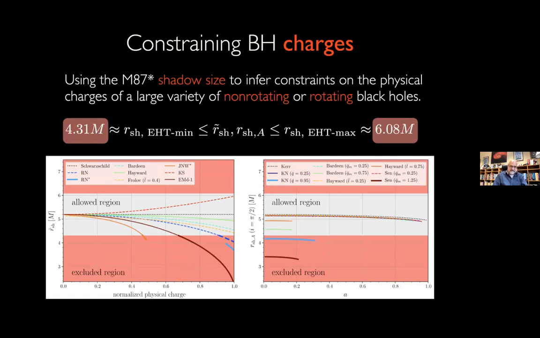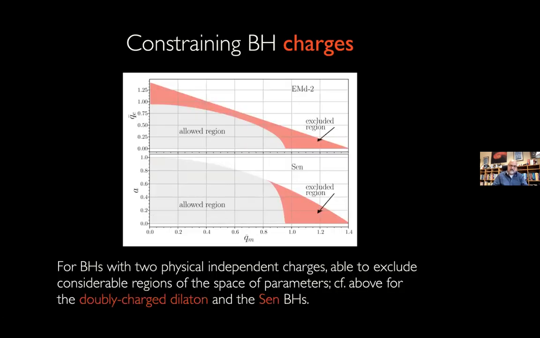So in this exercise, what you learn is that while most pass, some do not, at least for some values of the charges. And then you can convert this in terms of the allowed region for these doubly charged black holes, the doubly charged boson black hole. You can see that, in principle, all of this region is allowed. With the observations, this region has to be excluded.